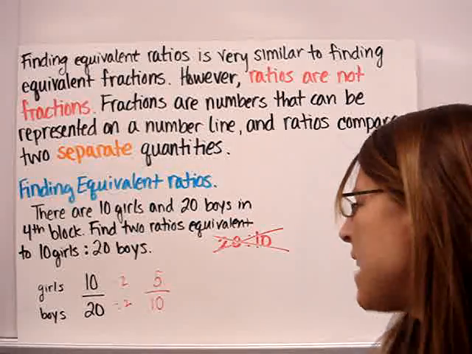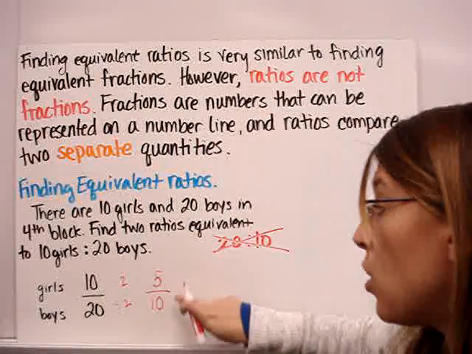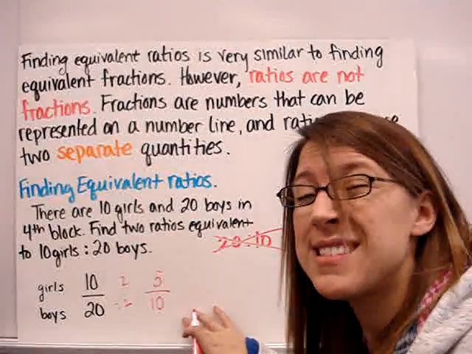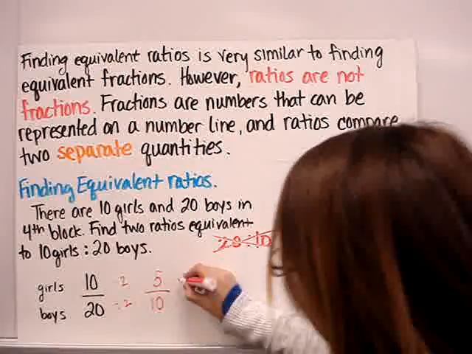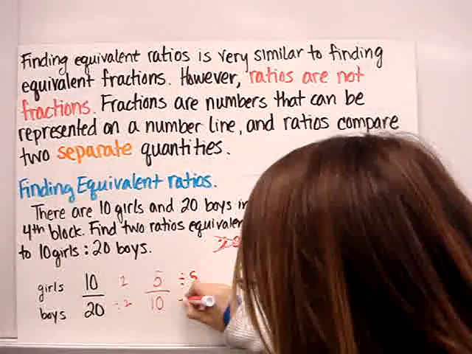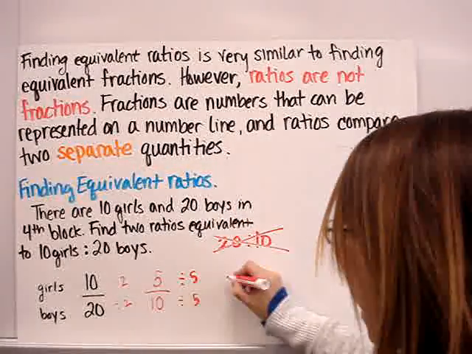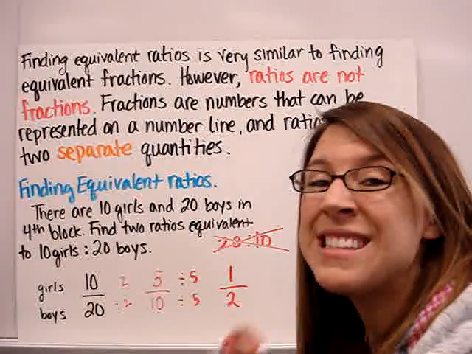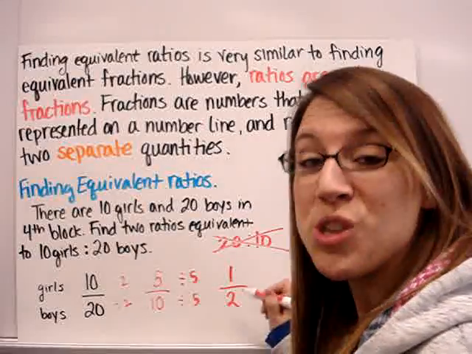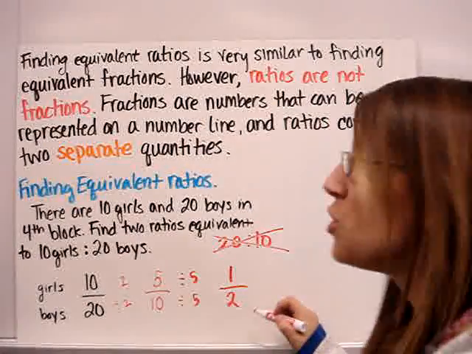I could also go with this one and maybe simplify the ratio to find an equivalent ratio. Well, 5 can be divided by 5, therefore so can 10, and I would say 1 girl for every 2 boys. This is the unit ratio, isn't it? The unit rate. 1 girl, 2 boys.